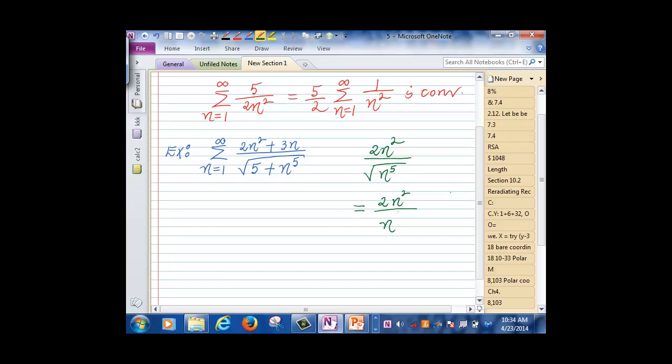N to the 5 halves, right? Okay, what is that equal to? Isn't that n to the 1 half? Everybody is okay with that.